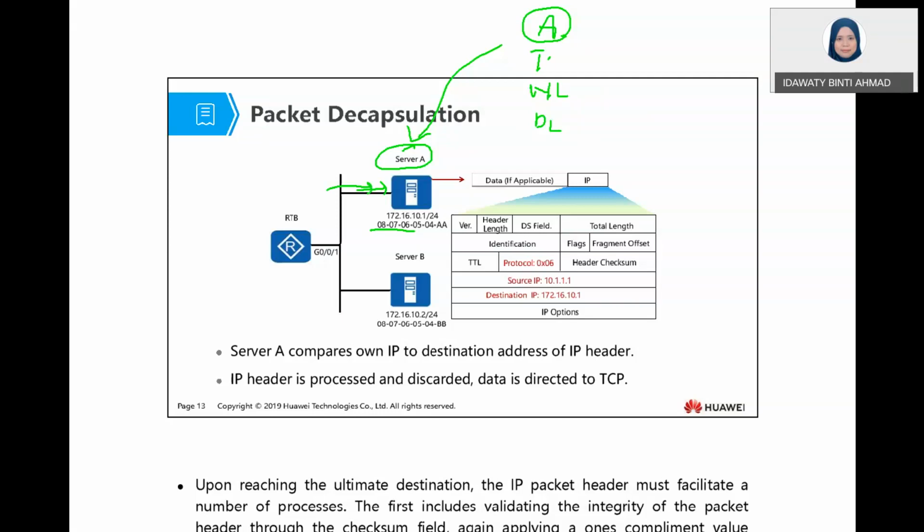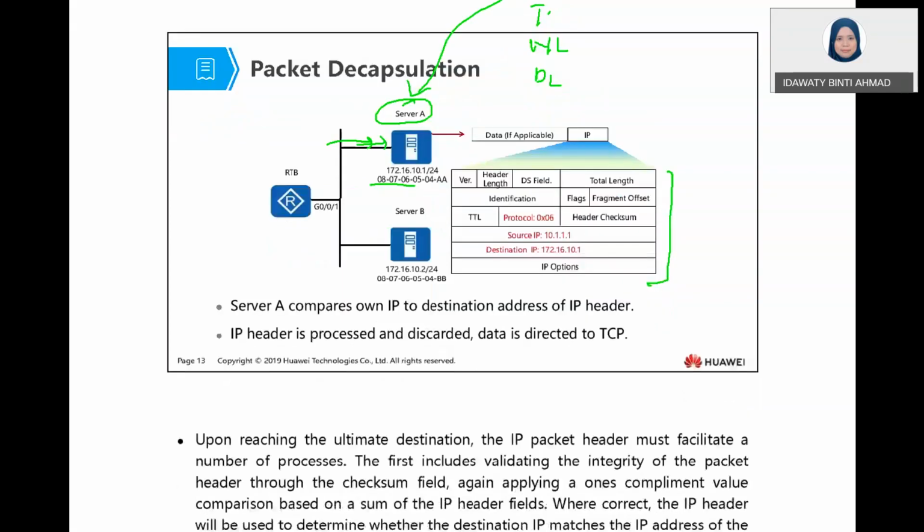After server A receives a frame, it processes the frame and decapsulates it to form a packet. So what will the server do here? Server A will check the destination IP address of this packet, 172.16.10.1. This is the IP address of server A, and it is the same.